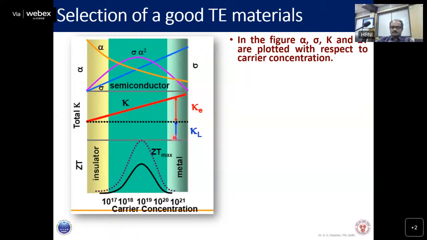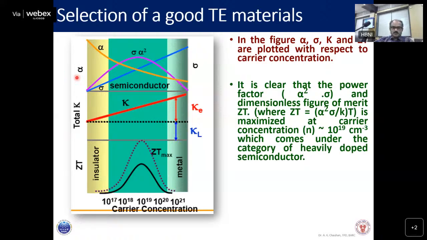Now the alpha part, the Seebeck coefficient, increases and follows this path. As you increase the carrier concentration from this side to this side, the Seebeck coefficient of a normal semiconductor follows this path.